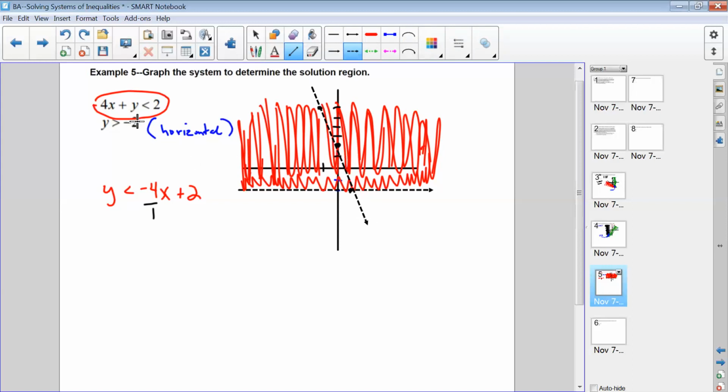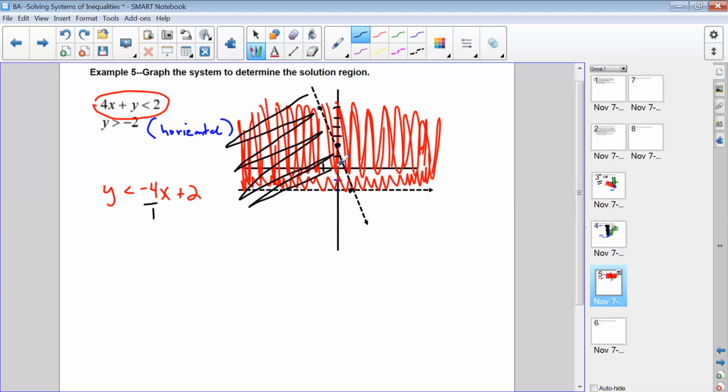And I want everything less than. So I'll just go with black here. And so I want everything less than that line. And as you see, where I am now doesn't incorporate the red. So where is the overlap?